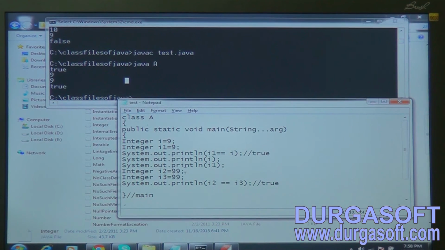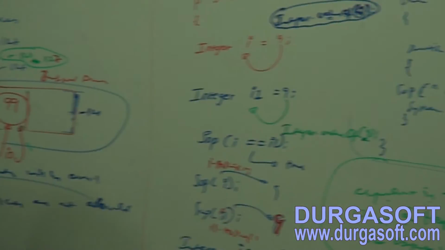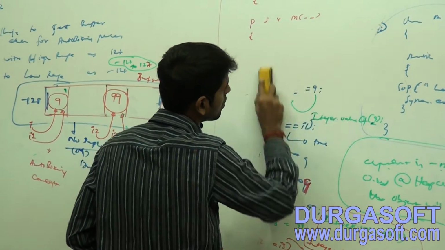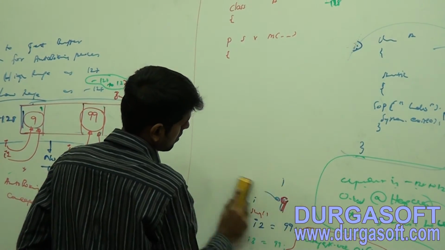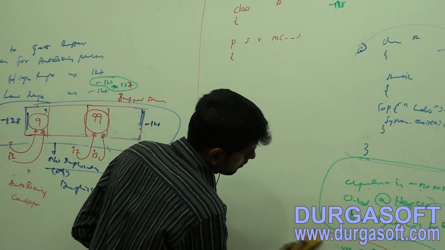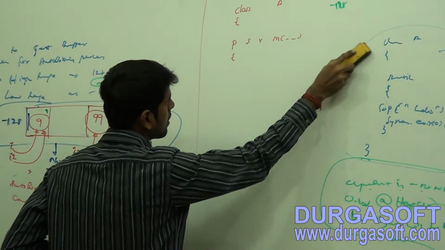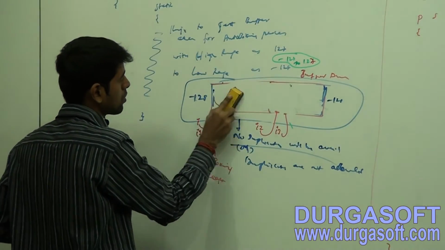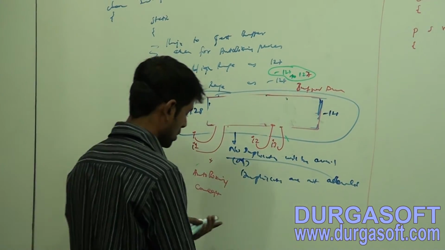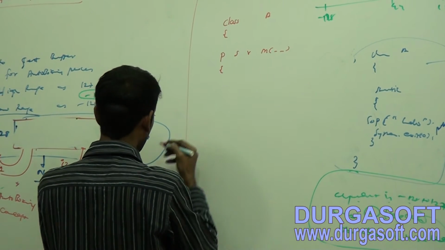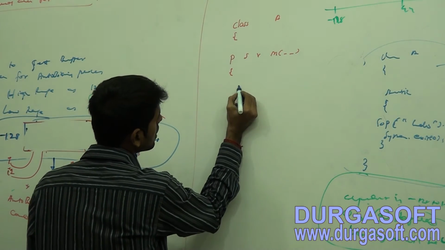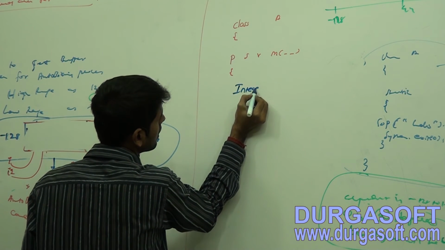Now observe here. Let me take all of these things out. Now create an Integer object by using the autoboxing concept.